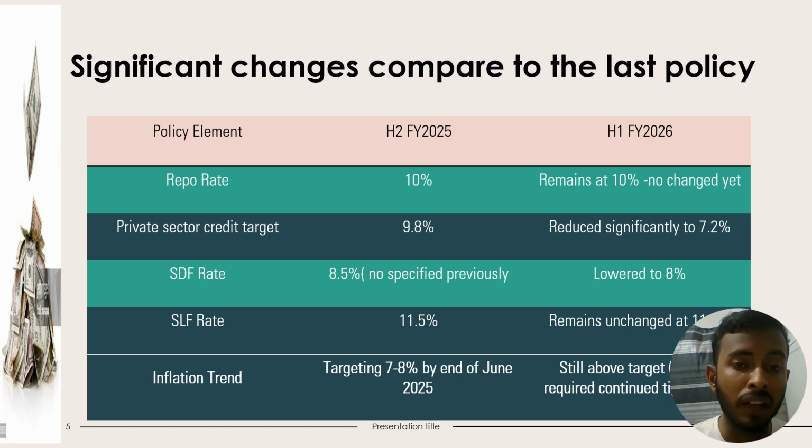The SLF rate in FY 2025 was 11.5%, and FY 2026 it remains unchanged at 11.5%. And the inflation trend is targeting 7.8% by end of June, and FY 2026 is still above target, requiring continued tightening.